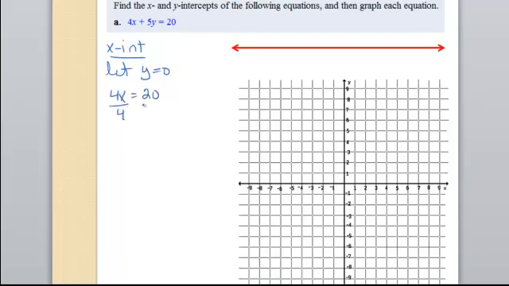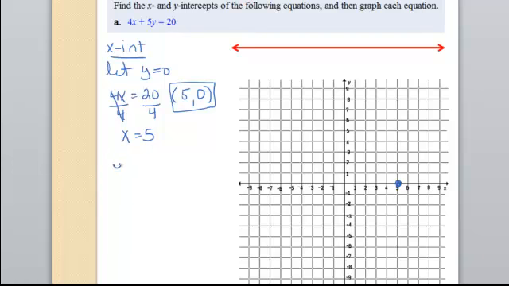When you divide by 4, you get x equals 5. So your x-intercept is going to be the point (5, 0). So if you graph that, that would be here, (5, 0).